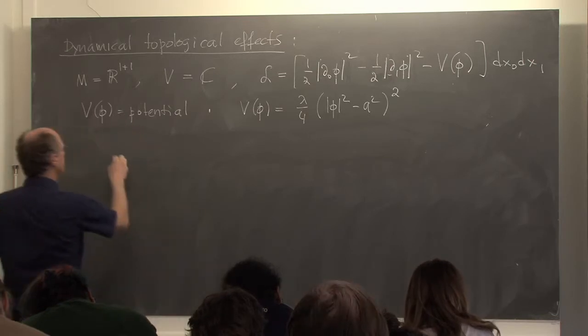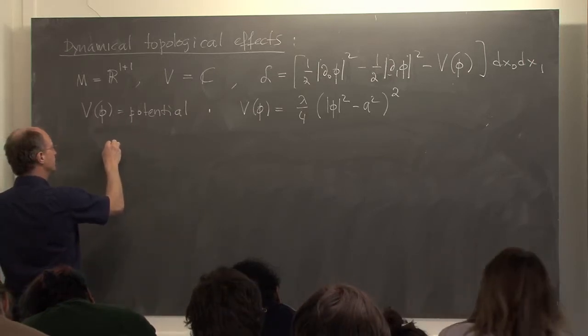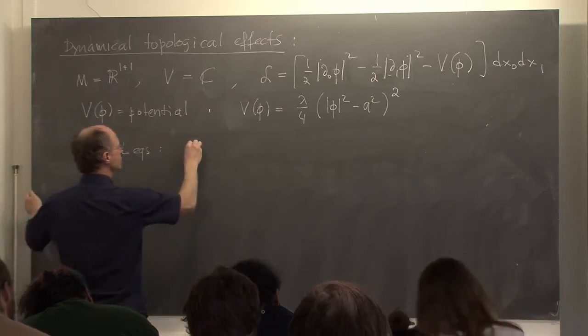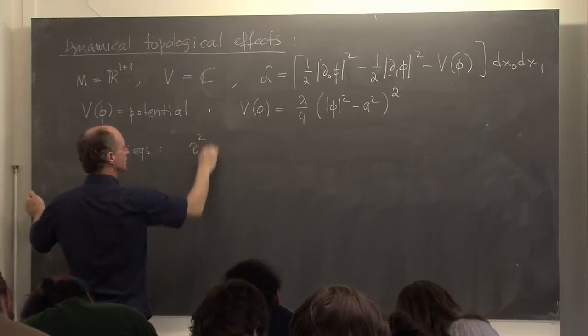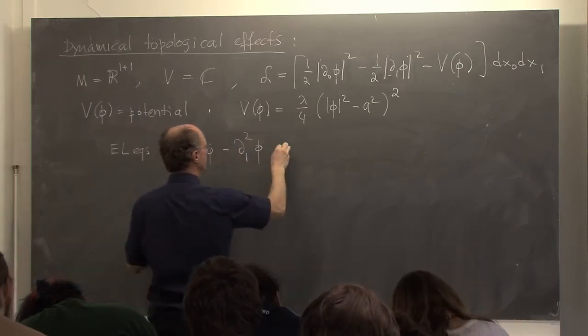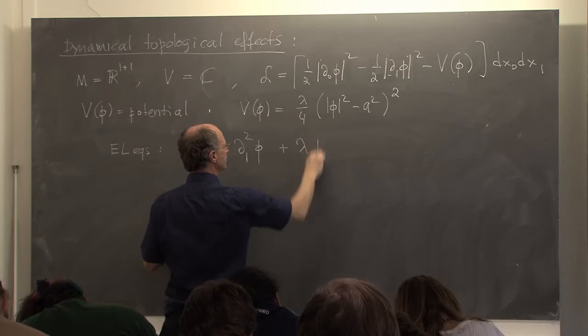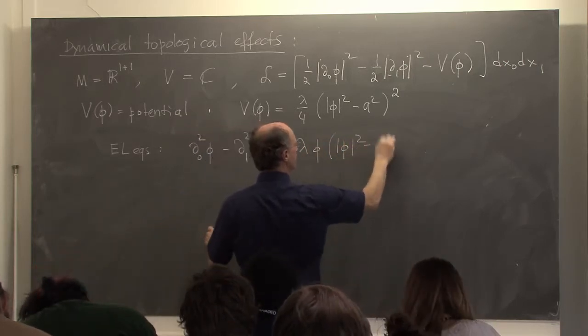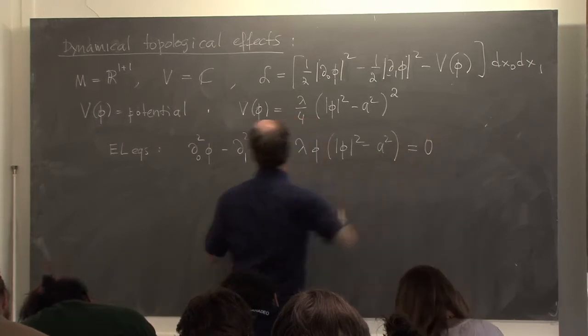So again, if I'm not mistaken, EL equations will be of the form box phi plus lambda phi times the quantity phi square minus a square.